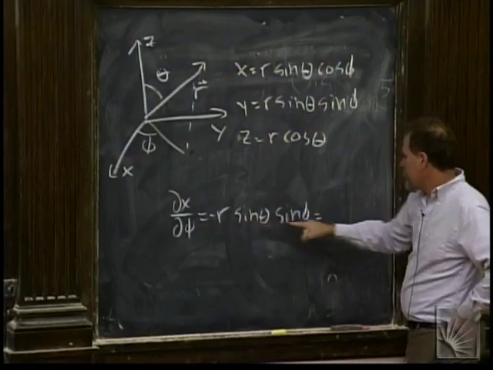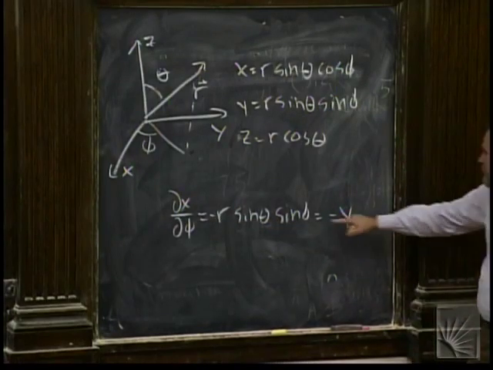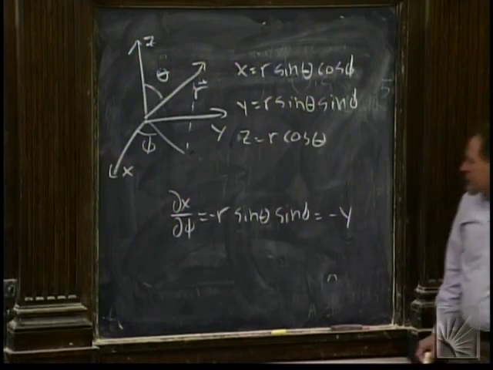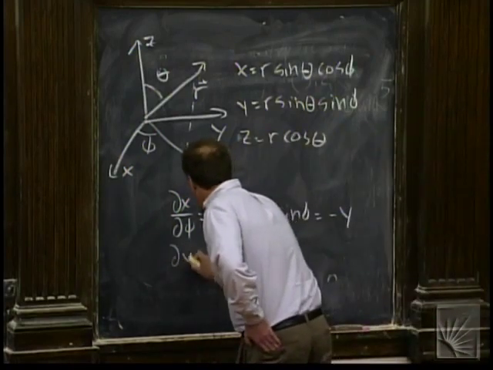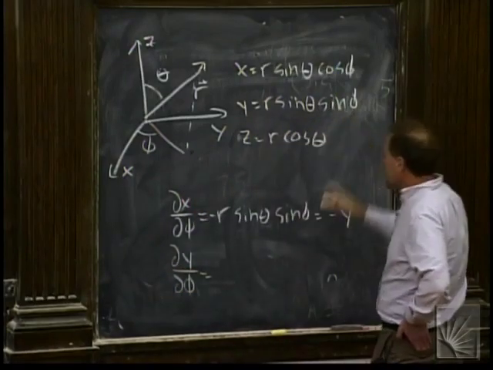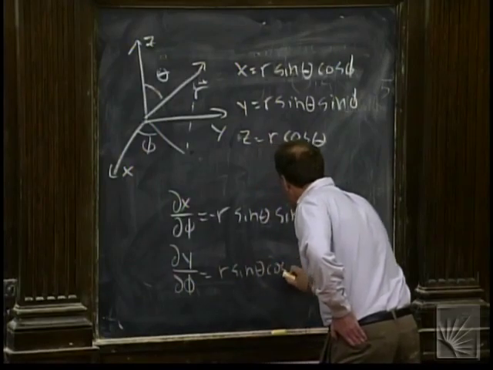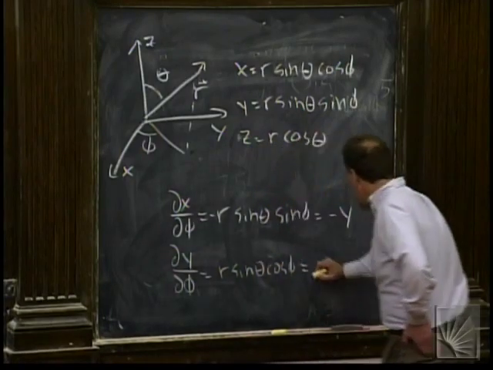And in fact, that is just minus y. Similarly, dy d phi is the derivative of this with respect to phi. I think you can see it's r sine theta cos phi, which is x.